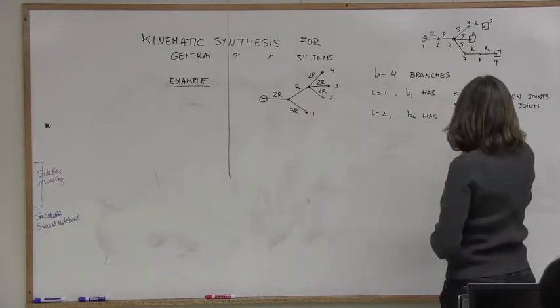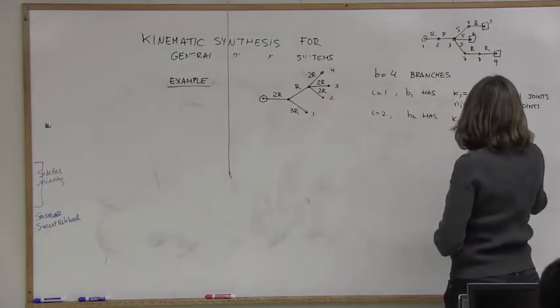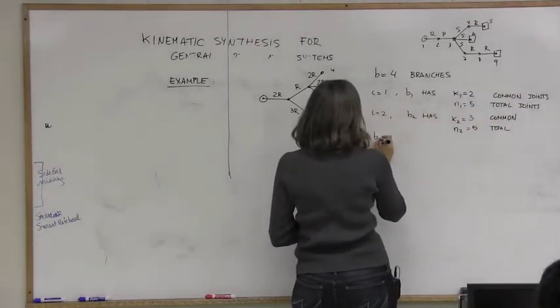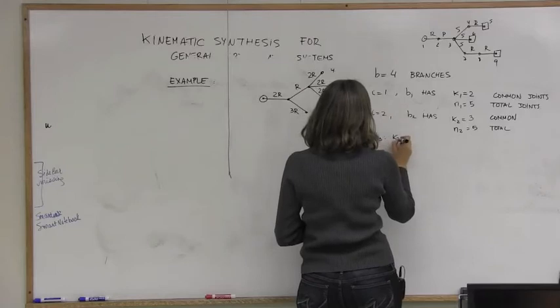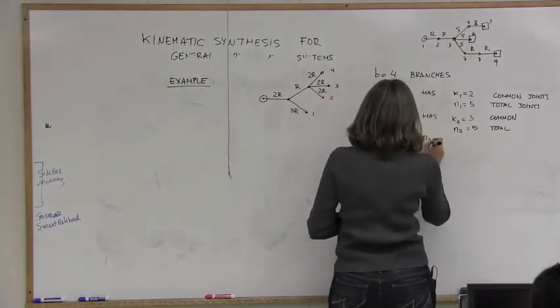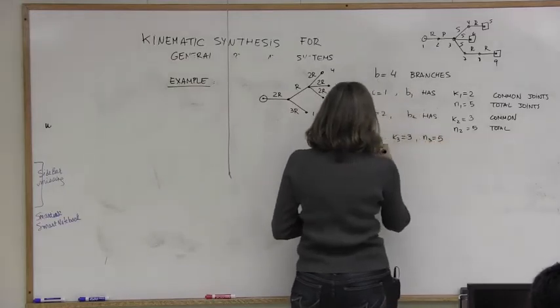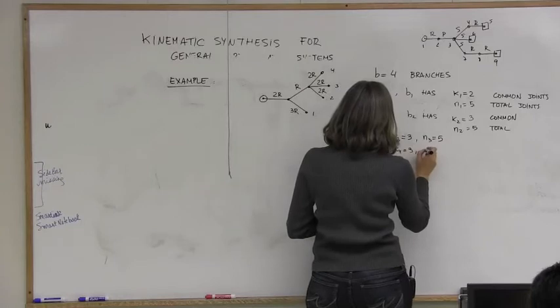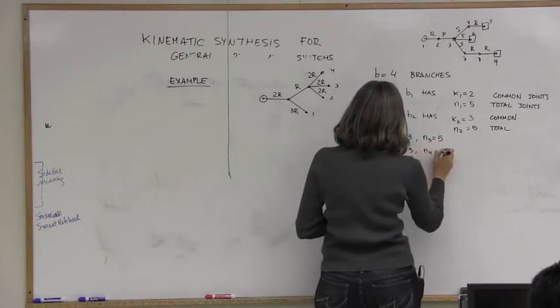Same thing. And we can do the same thing. So for B3 we have K3 equal 3, the same number. N3 equal 5. And B4 will have K4 equal 3 and N4 equal 5.